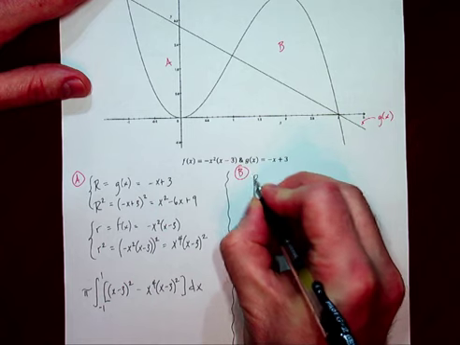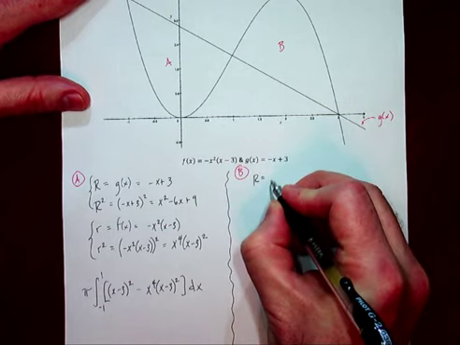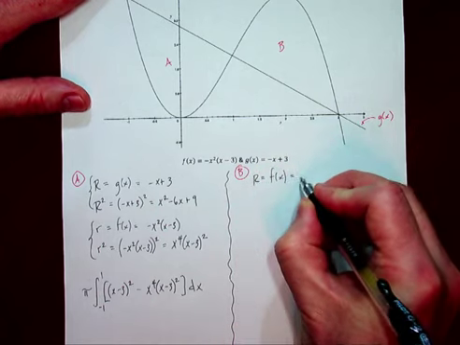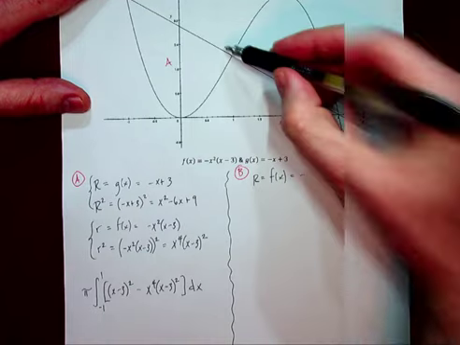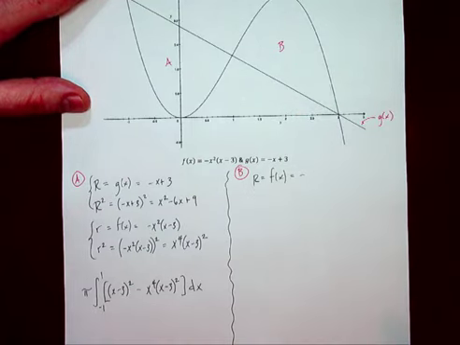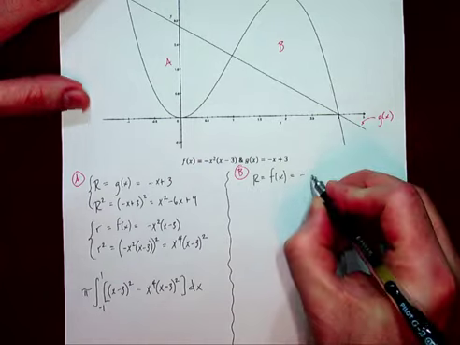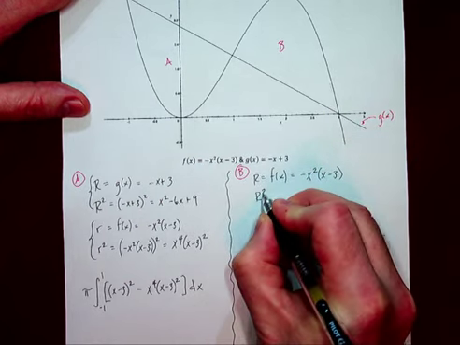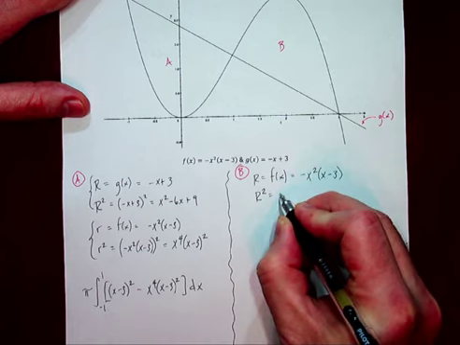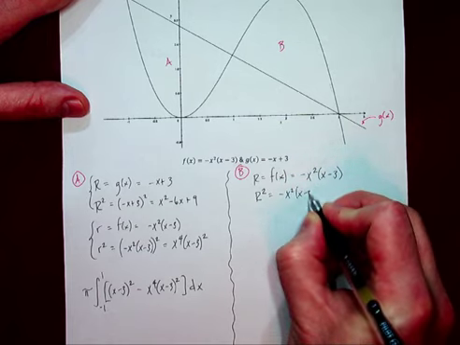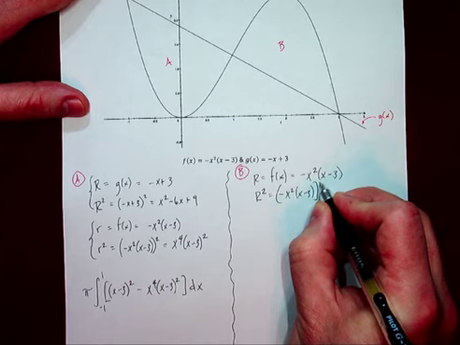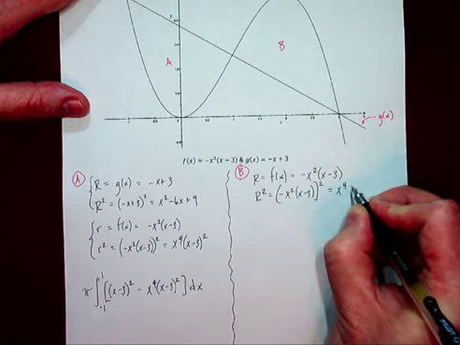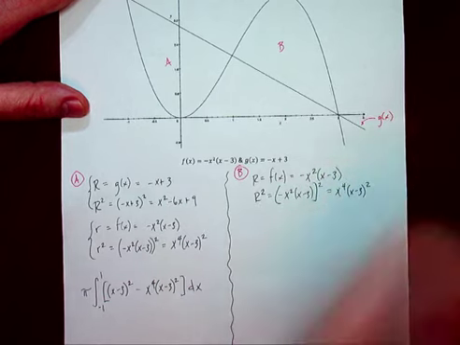Because in this case, big R is going to be f of x, because it is more positive, it is farther away, so it is going to determine the outside circumference of each washer cross section. And therefore big R squared is going to be (-x squared times (x minus 3)), the whole quantity squared, which is x to the 4th times (x minus 3) squared.